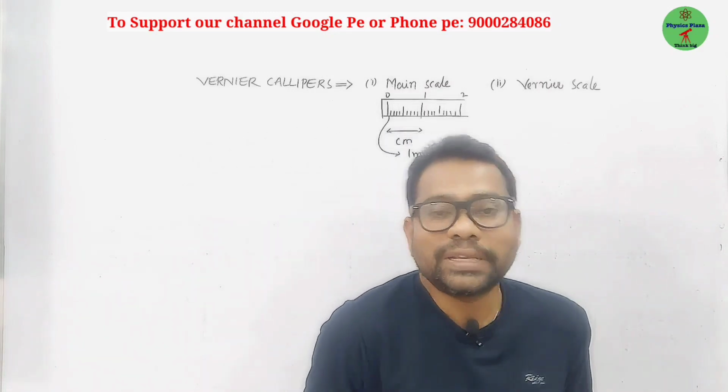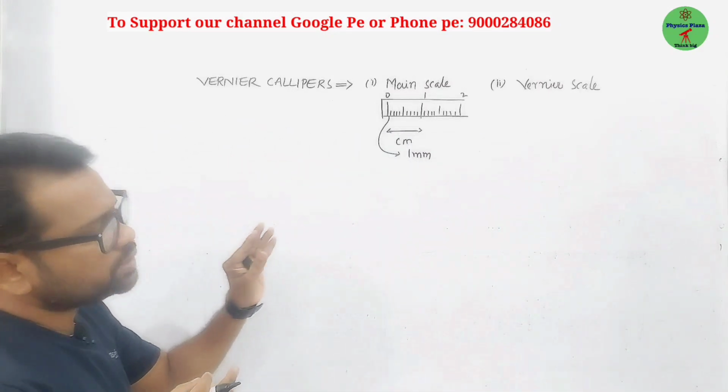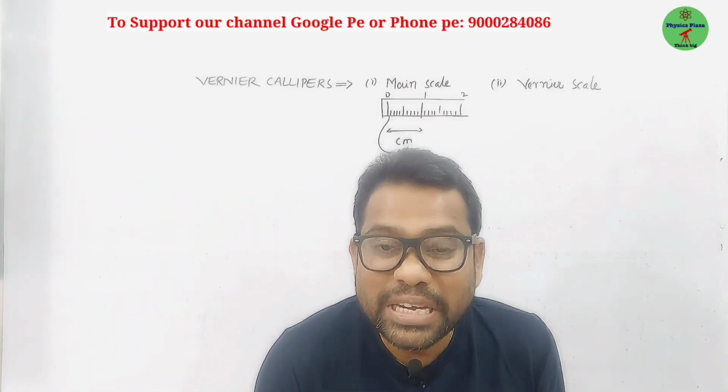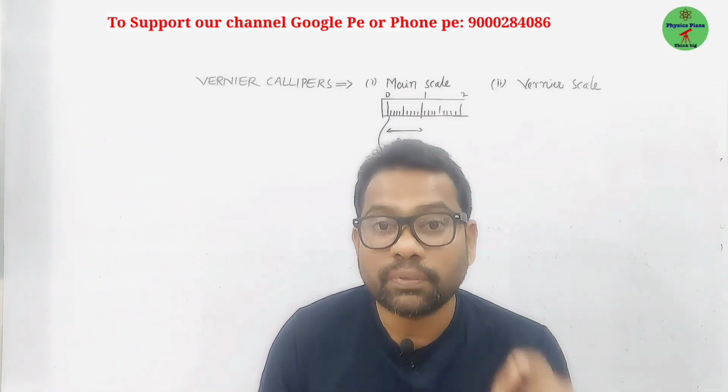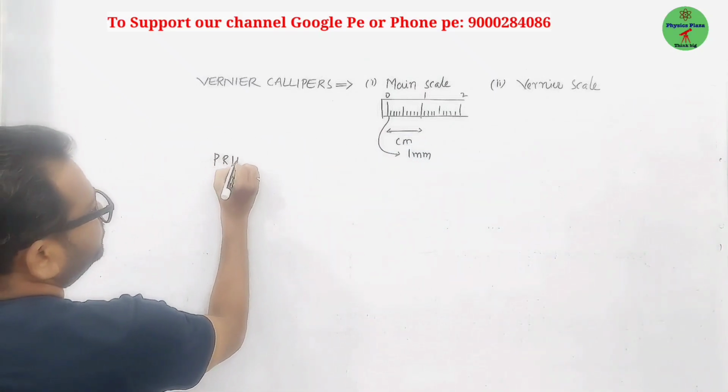But how about the vernier scale here? Look at it. If you want to understand that, we should first understand how a vernier scale is designed, and what is the principle of the vernier scale, the principle of vernier calipers. So the principle is very important.